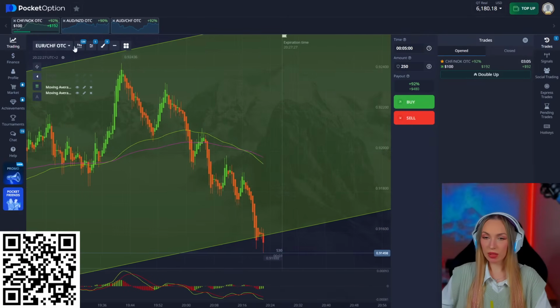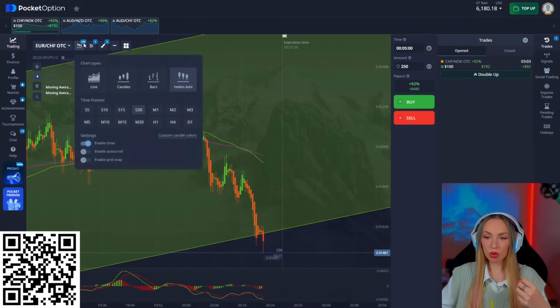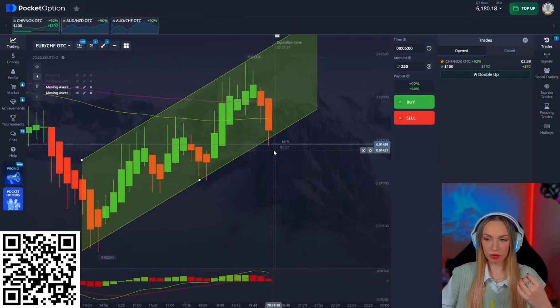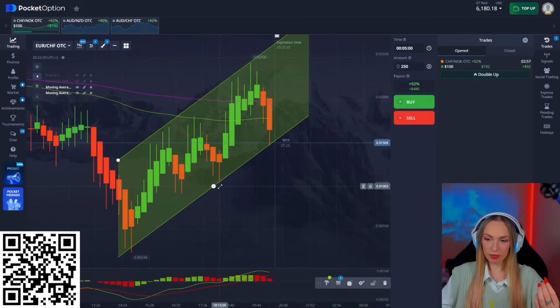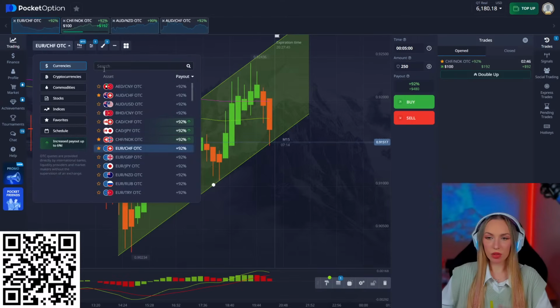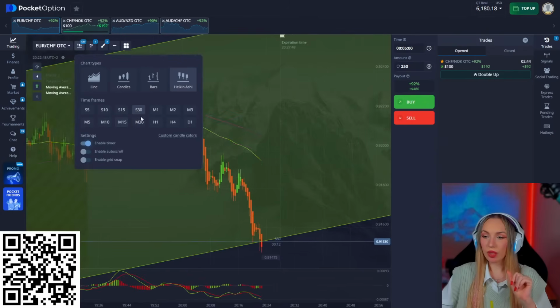So maybe in Euro CHF soon we will be able to open the trade in the upward direction. I would love maybe even like that, because I don't think that it's breaking yet. So Euro CHF, we have an eye on this one.